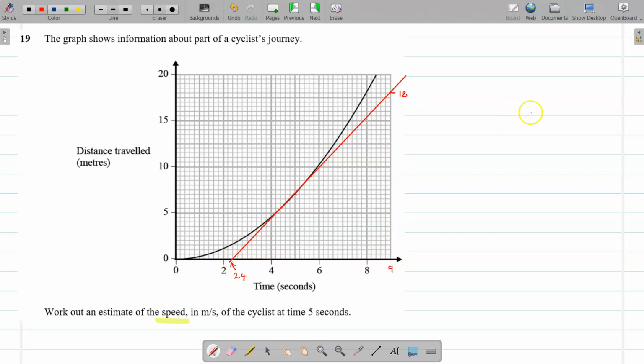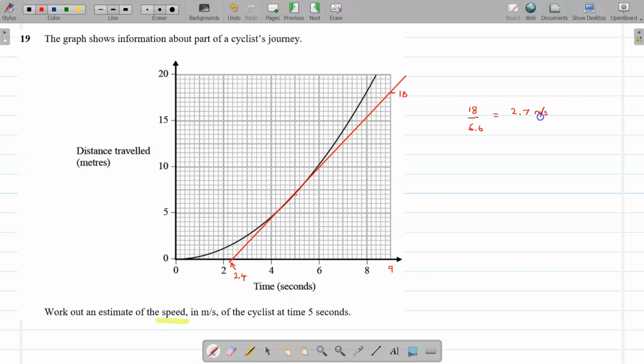So the gradient of that is 18 divided by the difference between 9 and 2.4, okay, which is 6.6. And if I put that on the calculator, that gives me 2.7 meters per second to 1 dp.